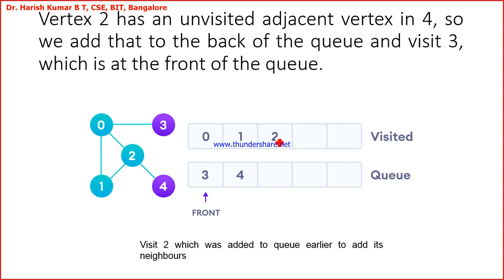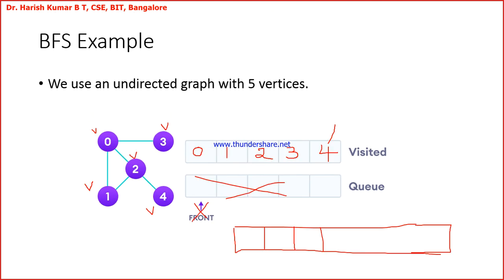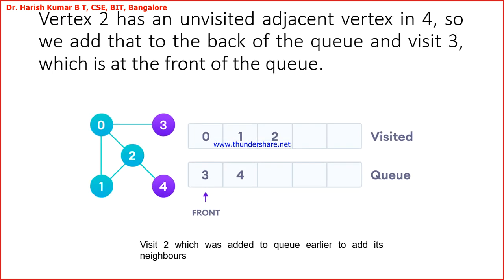I think I missed this. The adjacent nodes to 2 are 0 and 4.